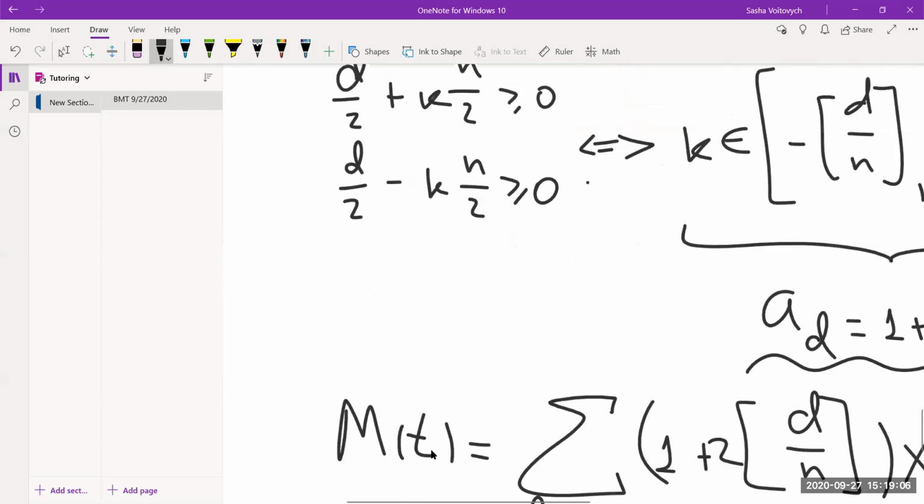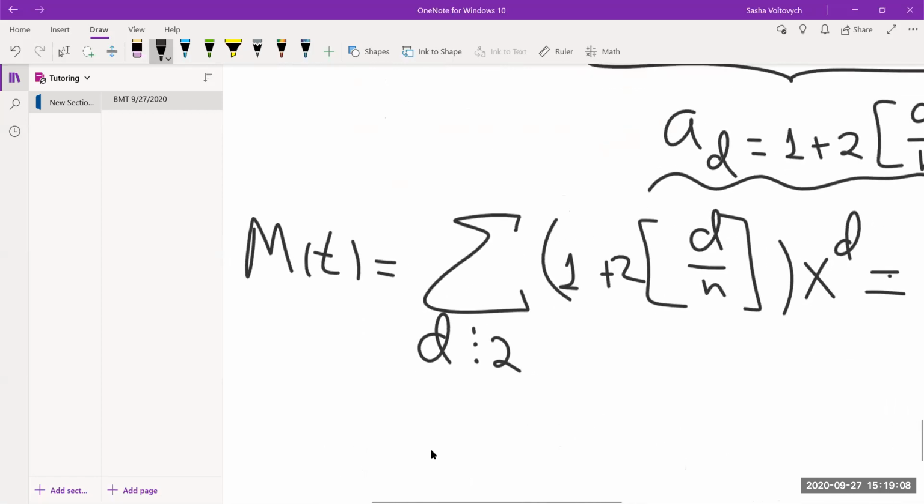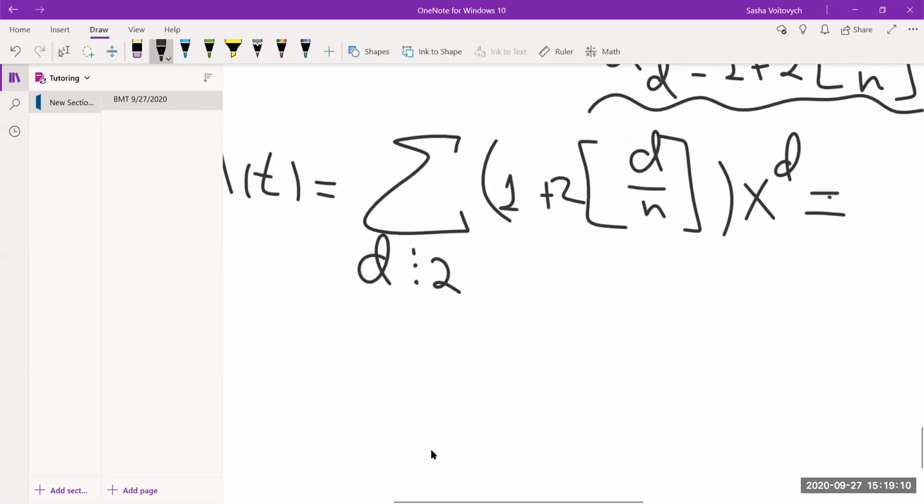We just investigate the structure of this generating function. Note that this value is the same when D is from 0 to n. It is the same when D is greater than n and less than 2n. It is the same when D is greater than 2n and less than 3n, and so on.